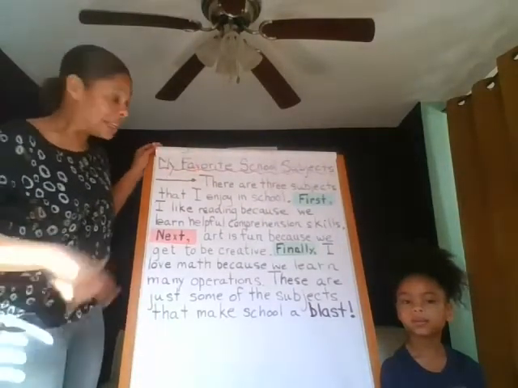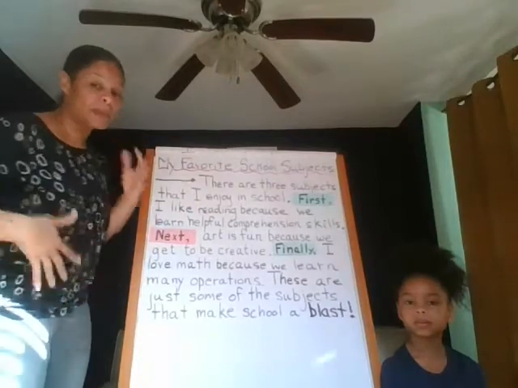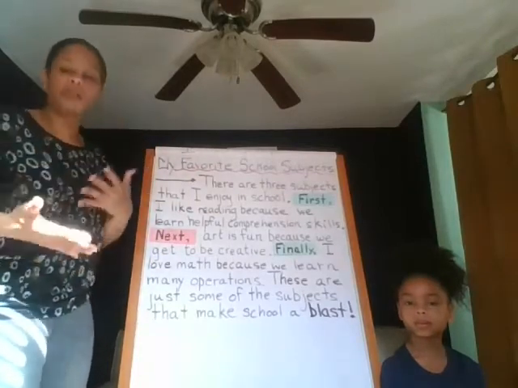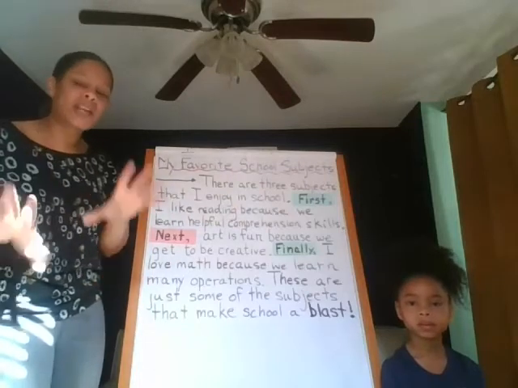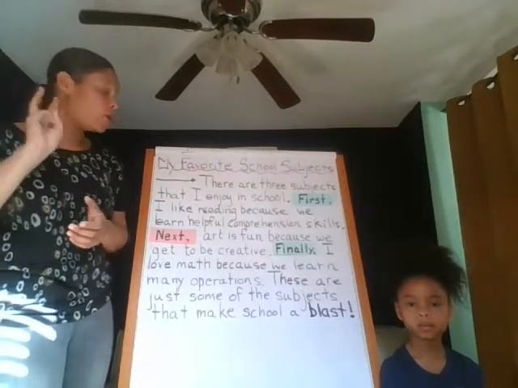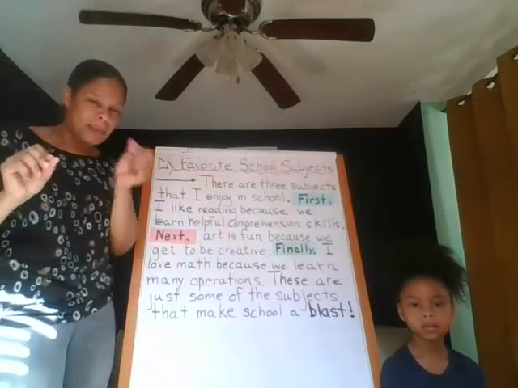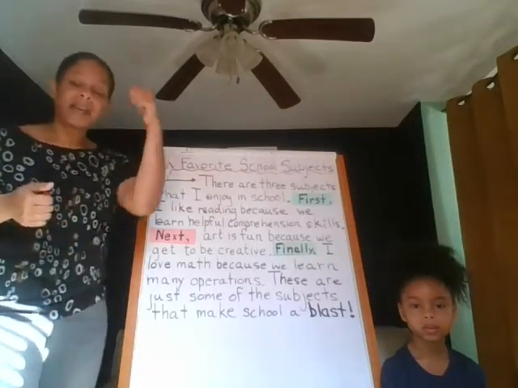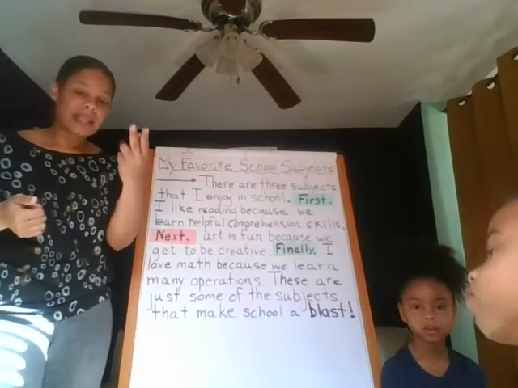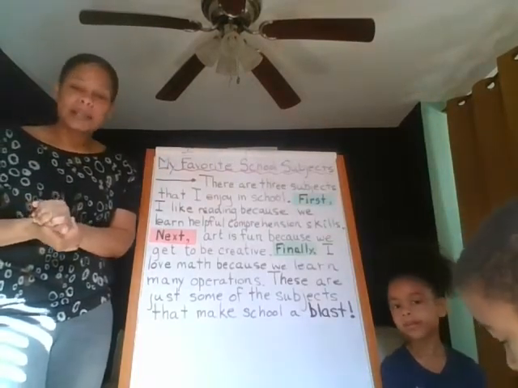I don't expect to see the exact same paragraph. I want you to be a bit creative. Okay, so change the words around. Okay, if you want to use the same transition words, that's fine. But I want you to change it around a bit. But you're going to be telling me your 3 favorite subjects, maybe a little bit about something that you like about them. So you're going to have a topic sentence, 3 details, and a concluding sentence.